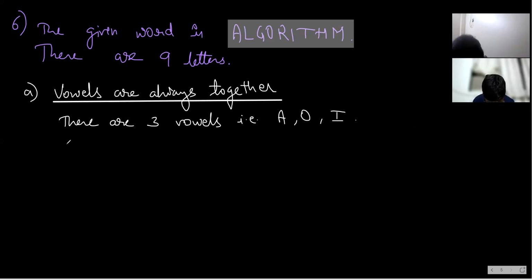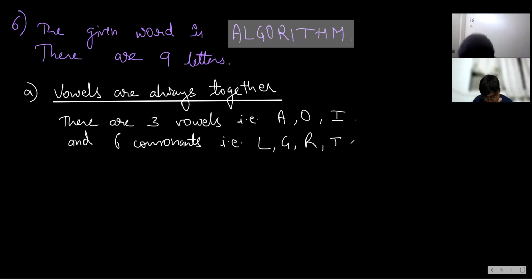There are 3 vowels and 6 consonants. The 6 consonants are L, G, R, T, H, M. I will write.